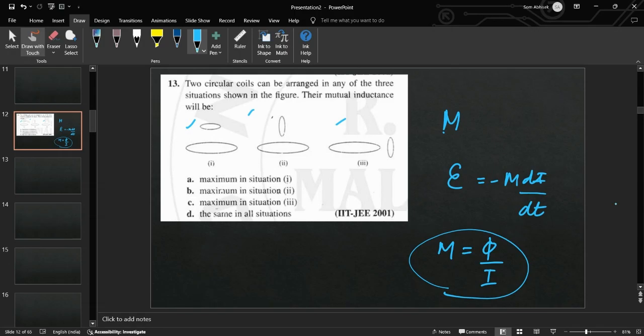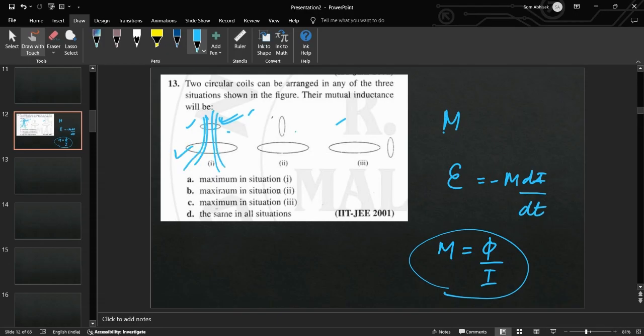It's a very simple question. You can also guess it from the picture. Suppose two coils are there. Mutual inductance means that because of a changing flux through one, there will be a flux change in the other.